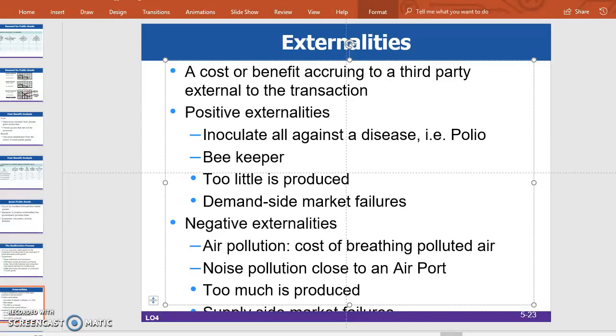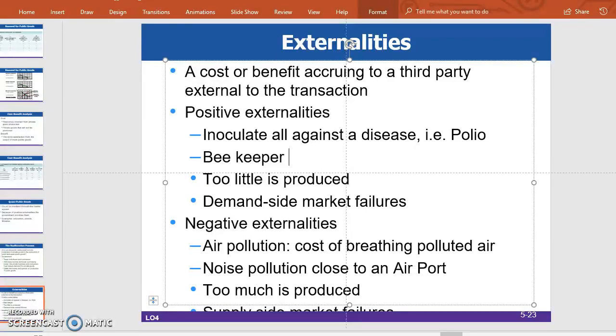But every morning the bees get up and spread into the nearby gardens and orchards, right? And they help pollinate the flowers, and that will help increase the output of the nearby communities, and that helps them. That is an example of positive externality.